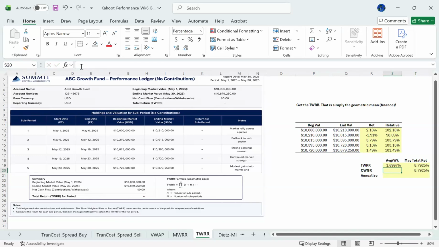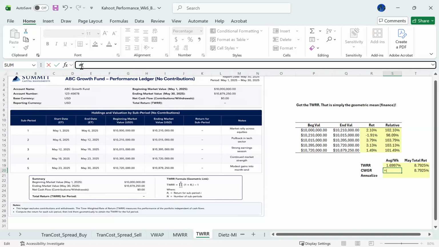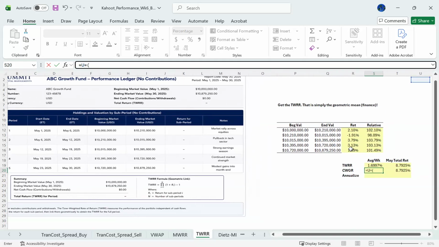If we want an equivalent of the compounded annual growth rate but weekly, an average rate, then we would do the value at the very end, not here, not there, but here, divided by the value in the very beginning.